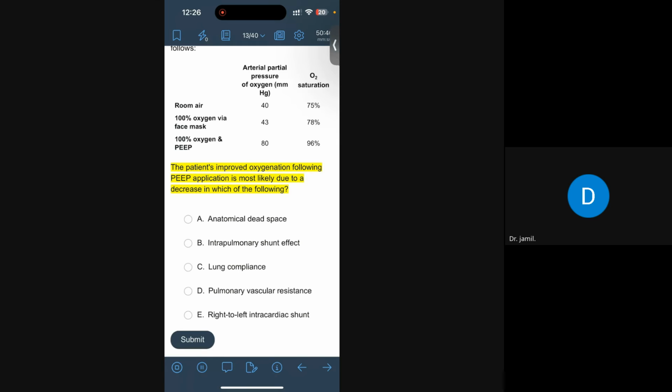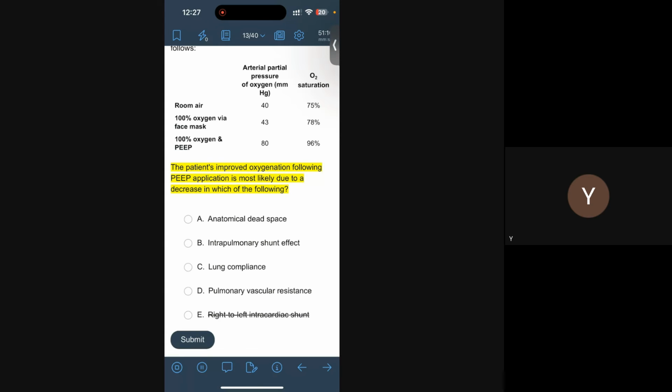Intrapulmonary. So E is not the answer, right? Does the lung compliance increase or decrease when the condition improves? Increase. Okay.